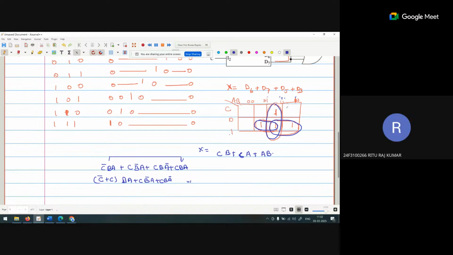Okay, we can take c common from these two, sir. Then it becomes a ba plus c b XOR a. This is one solution. But is it the only solution? No, sir.